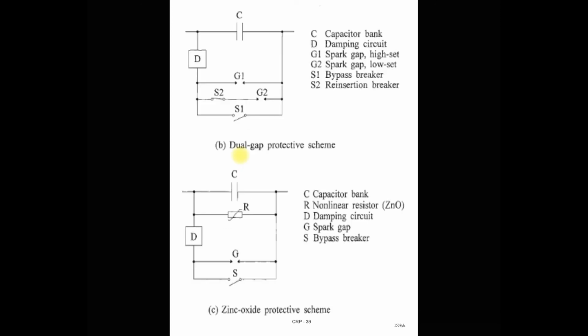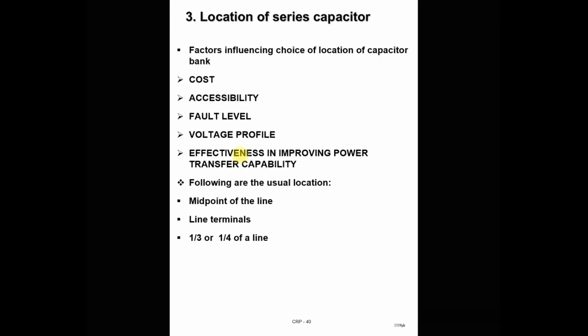Now the third point which you keep in mind when you put the series capacitor is the location of the series capacitor. The location is a very influencing factor for providing voltage control using the series capacitor, because the location affects the economics, or we can say the cost, and accessibility. The fault level of the system is also affected, depending upon the location of the capacitor.